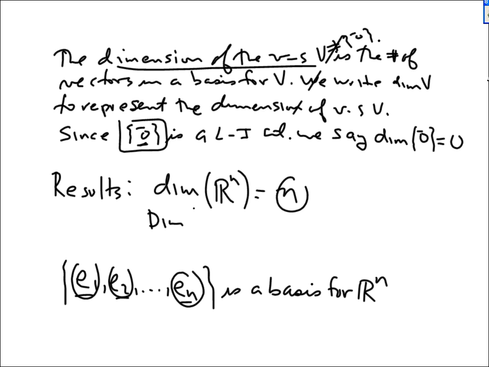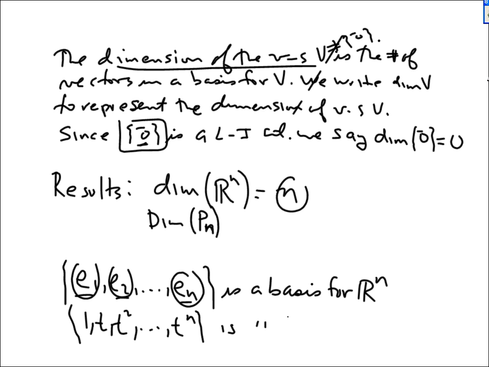The dimension of P sub n. Well, remember, P sub n is the set of all polynomials of degree n or lower. A basis will be 1, t, t squared, all the way up to t to the n.